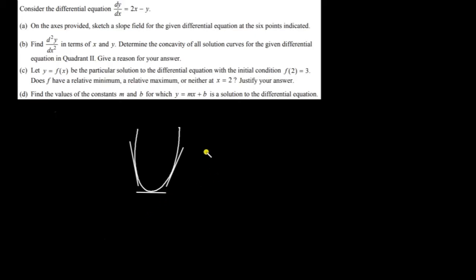So when we try to figure out whether we have a relative extrema, we take the derivative to find the slope at this point, which is (2, 3). I don't know if it's going to be a minimum or maximum. I'm just drawing a generic thing here. So if we evaluate it at (2, 3) to figure out the slope at this point, it should be 0.